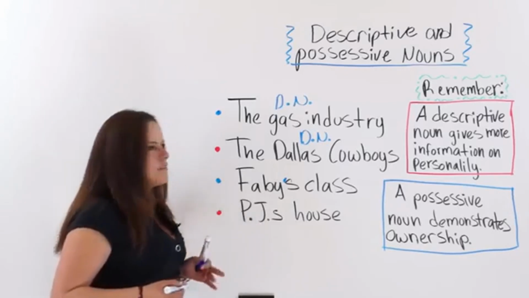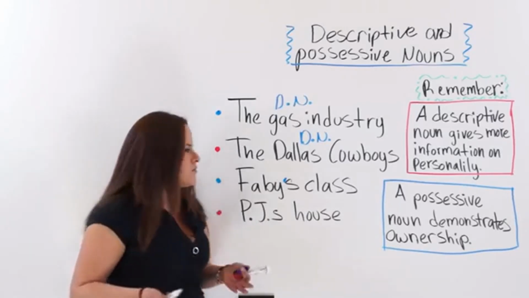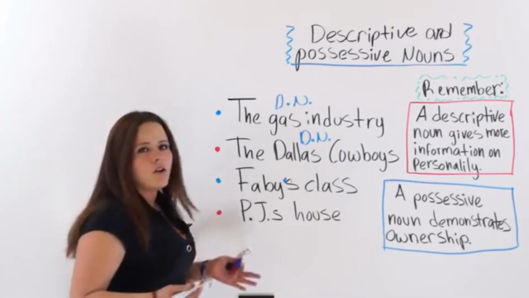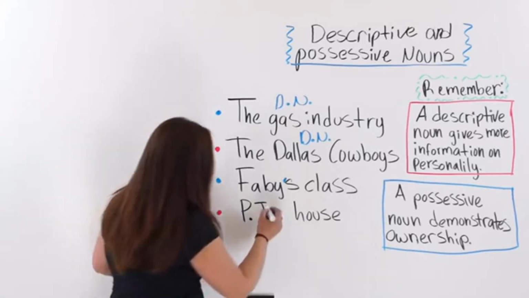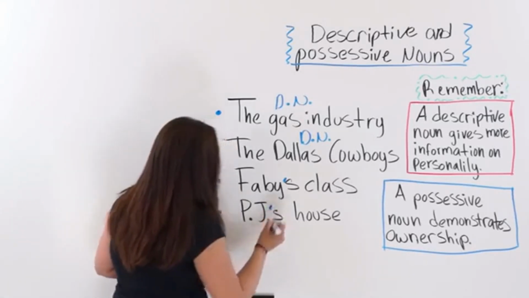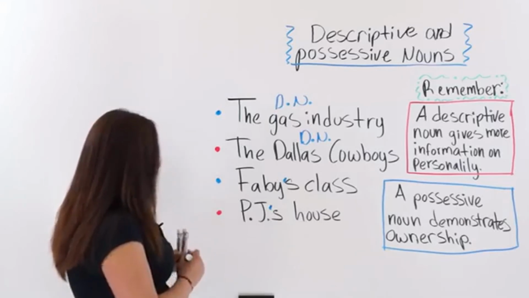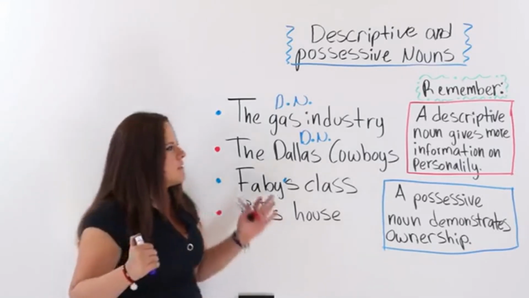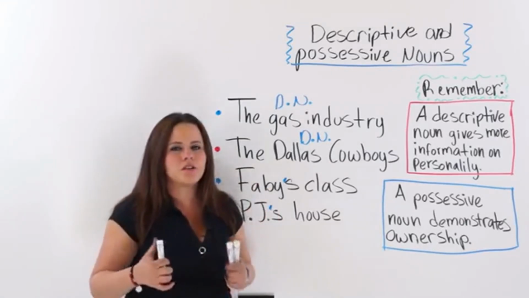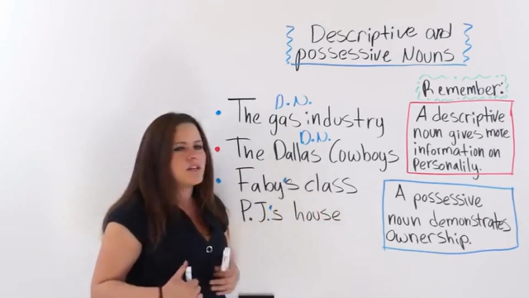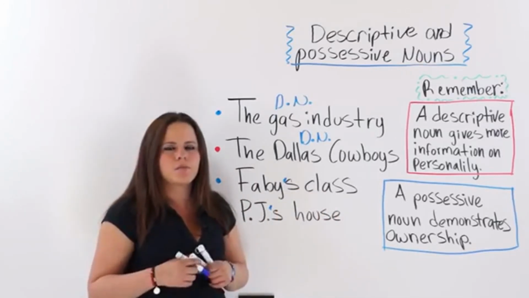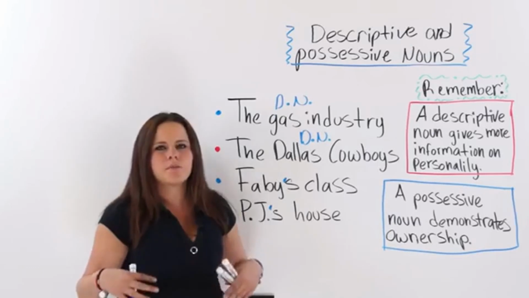And the last one says PJs house. It also demonstrates possession, so we need an apostrophe before the lowercase s. Remember, a descriptive noun gives more information on personality, and a possessive noun demonstrates ownership or tells you something belongs to somebody.